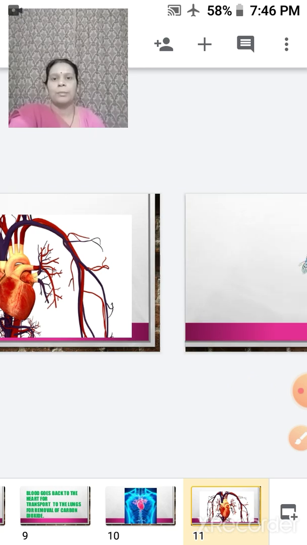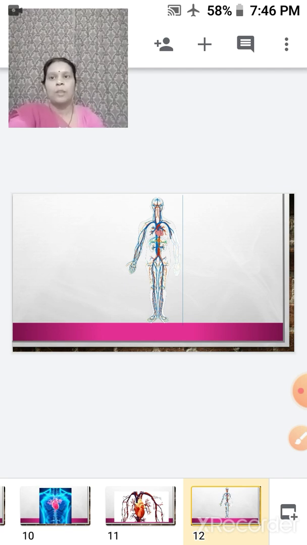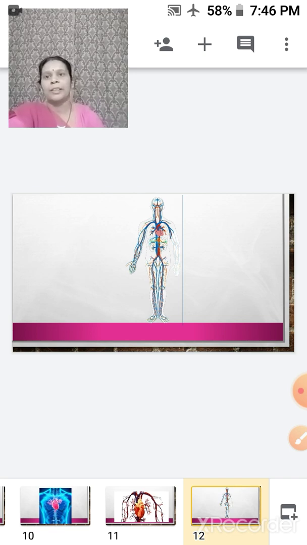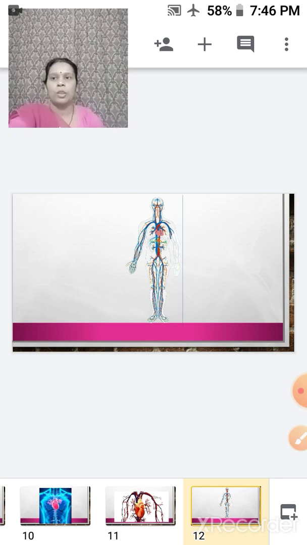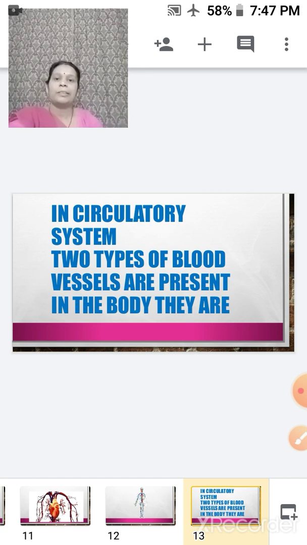So I must tell you that the blood flows through these vessels or tubes called the blood vessels, and all these blood vessels are connected to the main organ of the system, which is called the heart. Now, when we talk of the circulatory system, there are basically two types of blood vessels present within our body. Apart from that, there is one more, and that also we will discuss.